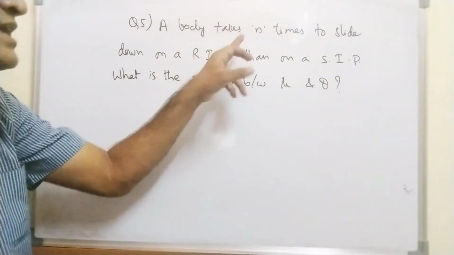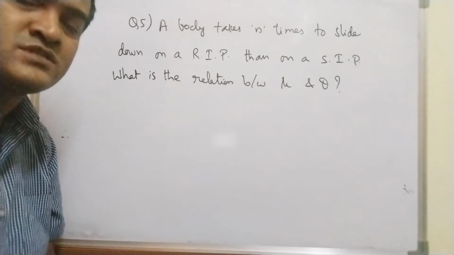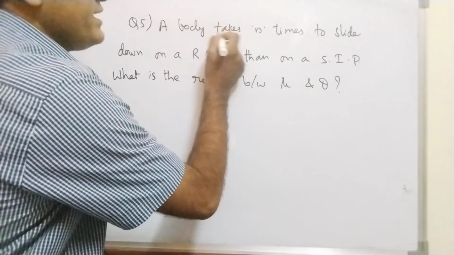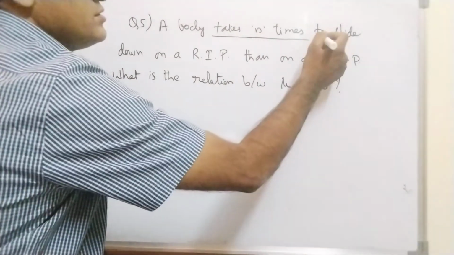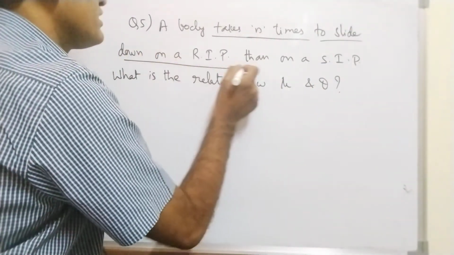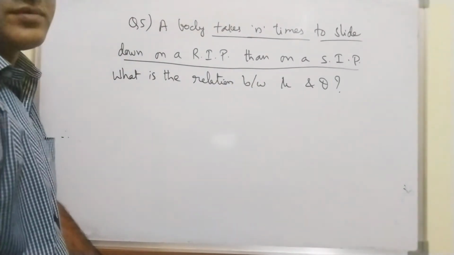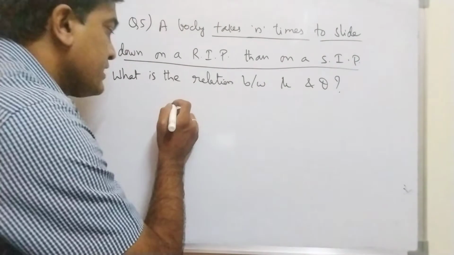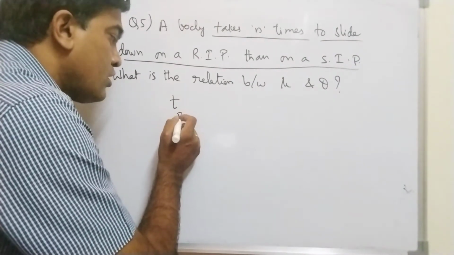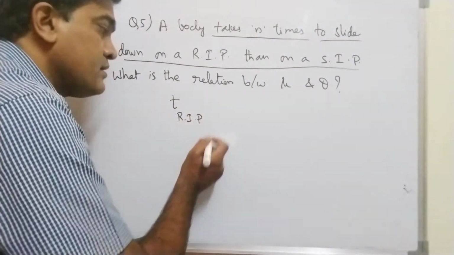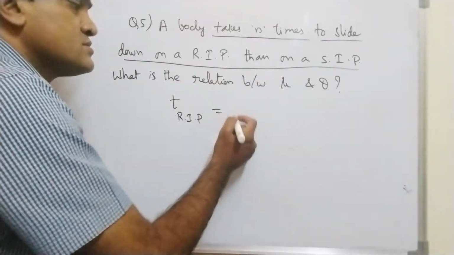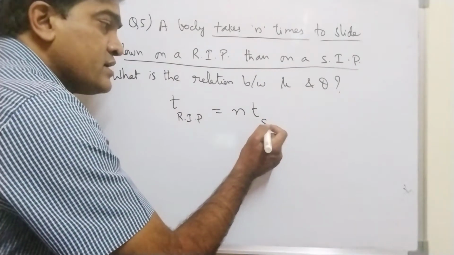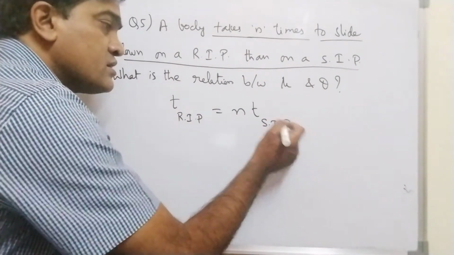A body takes n times as long to slide down. What does this mean? What have you understood? It takes n times as long to slide down a rough inclined plane than on a smooth inclined plane. He is talking about time. The time taken to slide down a rough inclined plane is given as n times the time taken to slide down a smooth inclined plane.